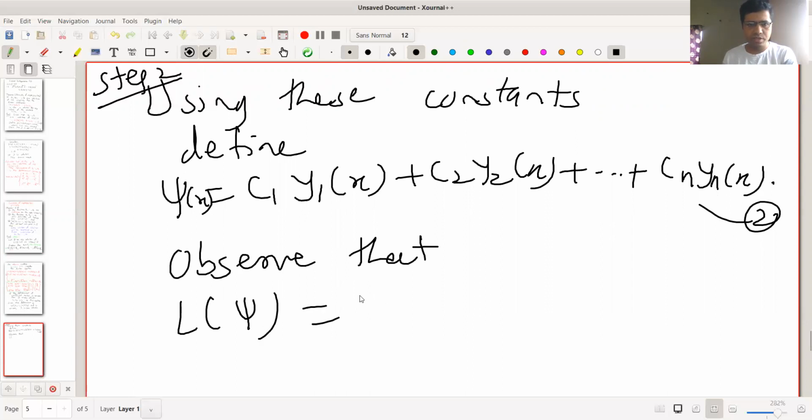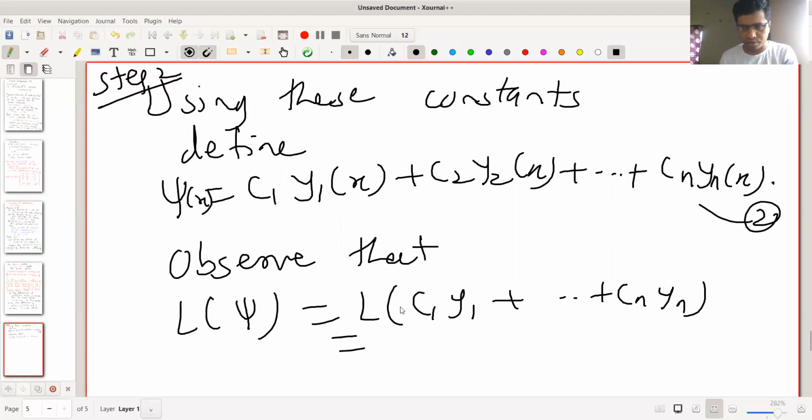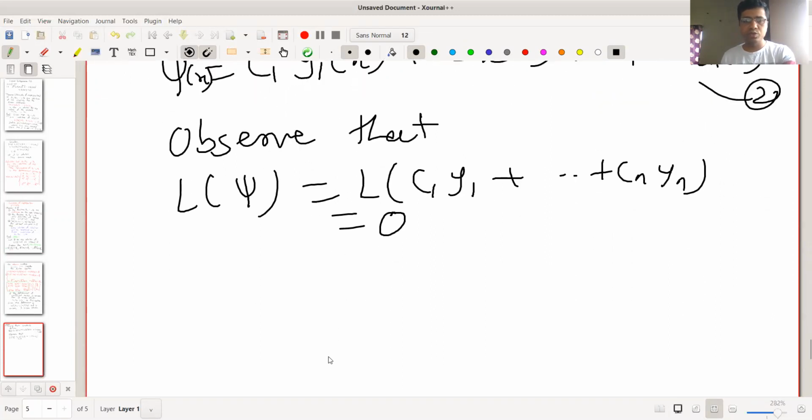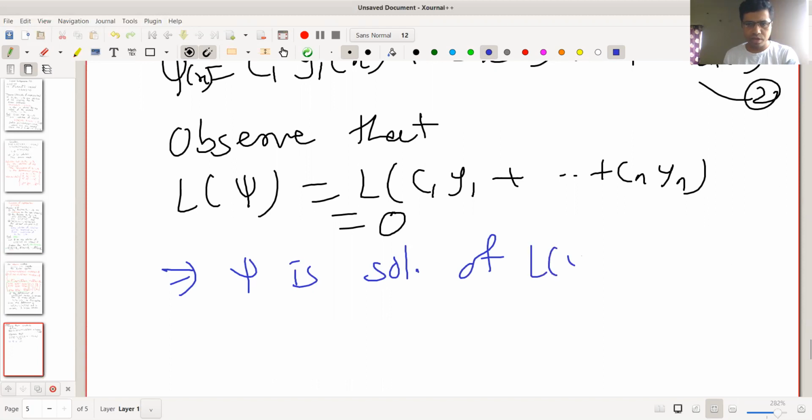It is L of c1 y1 plus and so on plus cn yn at any point x. And we know that y1, y2 and so on yn are solutions, so this must be 0. This means psi is a solution of L of y equal to 0.